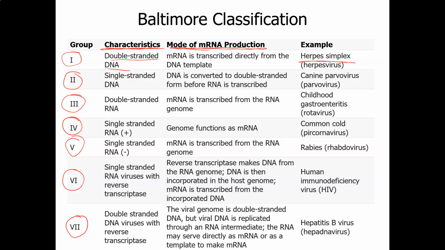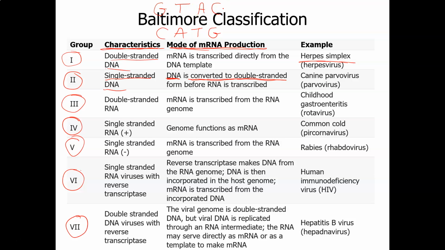Now, group 2 is single-stranded DNA. So it has one extra step added to it in the beginning. The single-stranded DNA makes a complementary copy of itself and becomes a double-stranded DNA. So for example, if the DNA had this code CATG, the complementary strand would be GTAC.